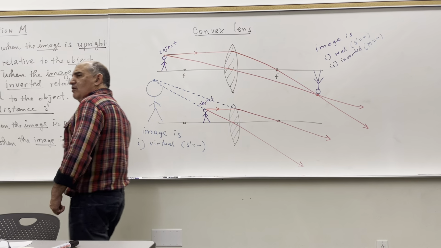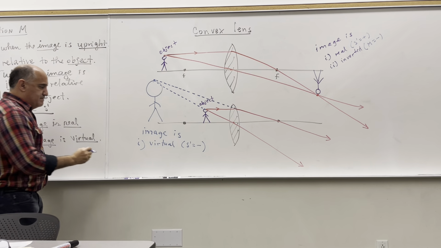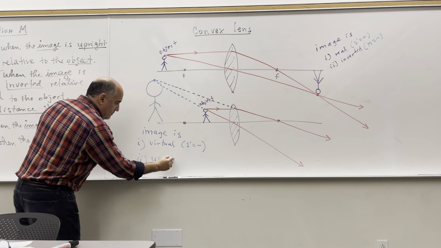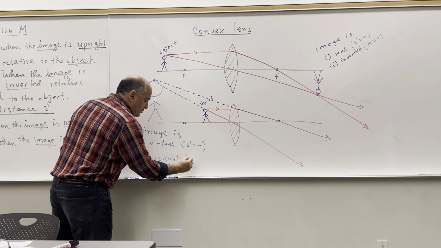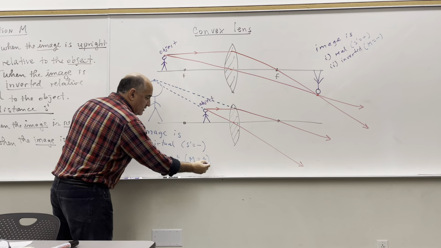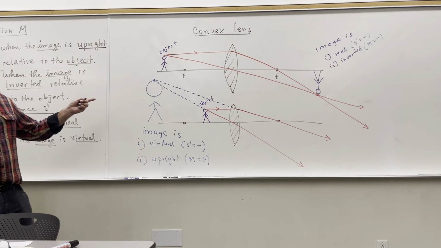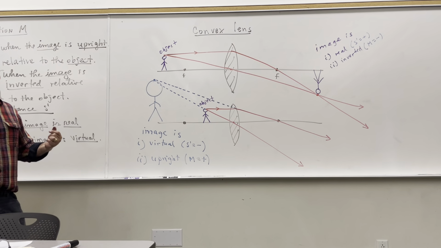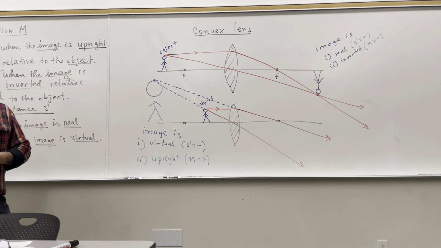Is it inverted or upright relative to the object? Okay. Upright. So that means that the magnification is positive. Is it enlarged or the same size or smaller, reduced in size compared to the object? This one we can say is enlarged, right?